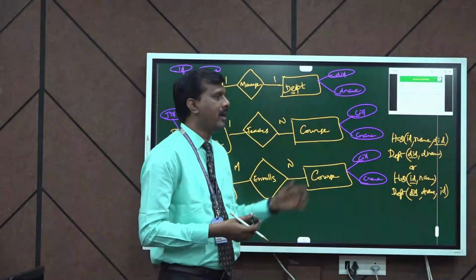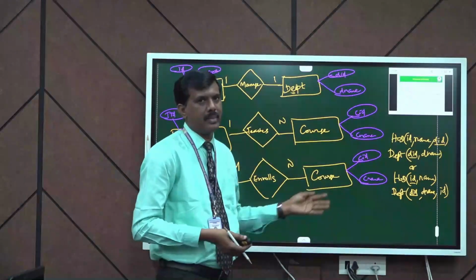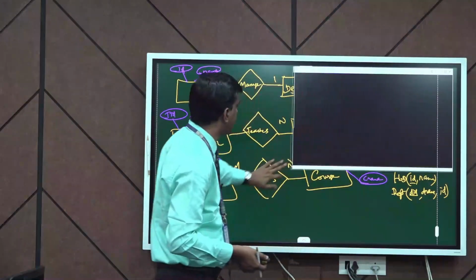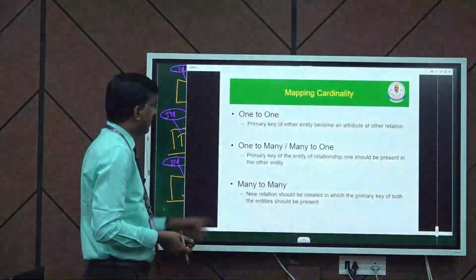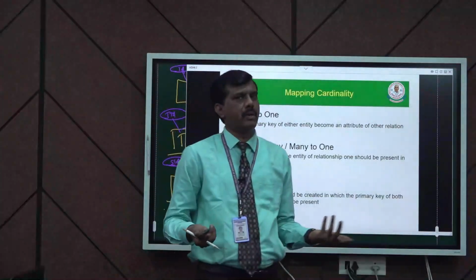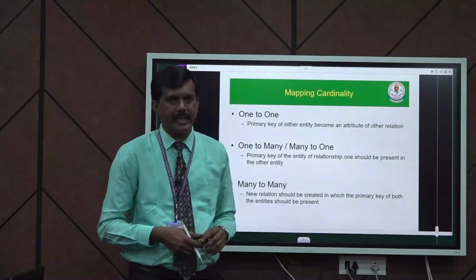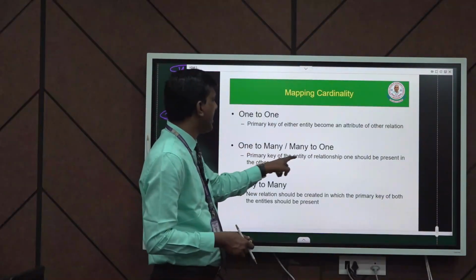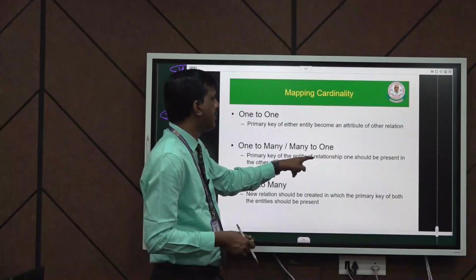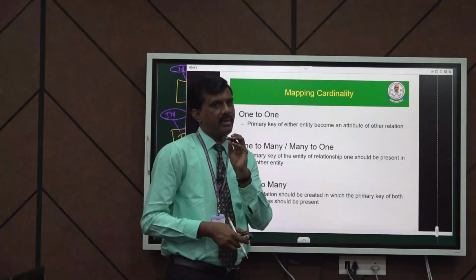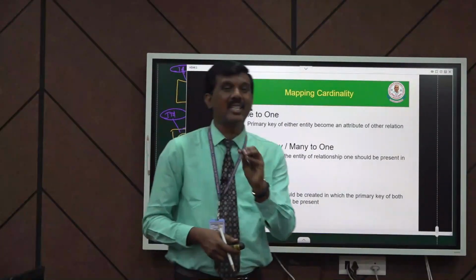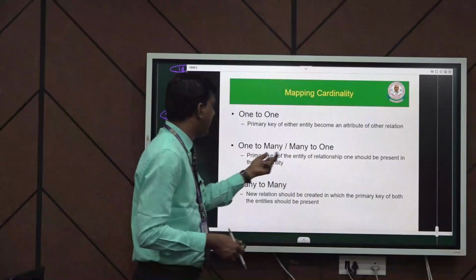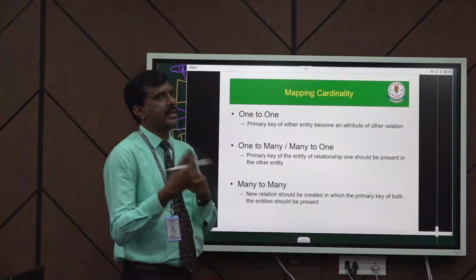This is one to one. Then we move on to the next mapping, one to many or many to one. Both we could consider at the same time. In one to many or many to one, the primary key of the entity on the side of relationship 1 should be present in the other one.